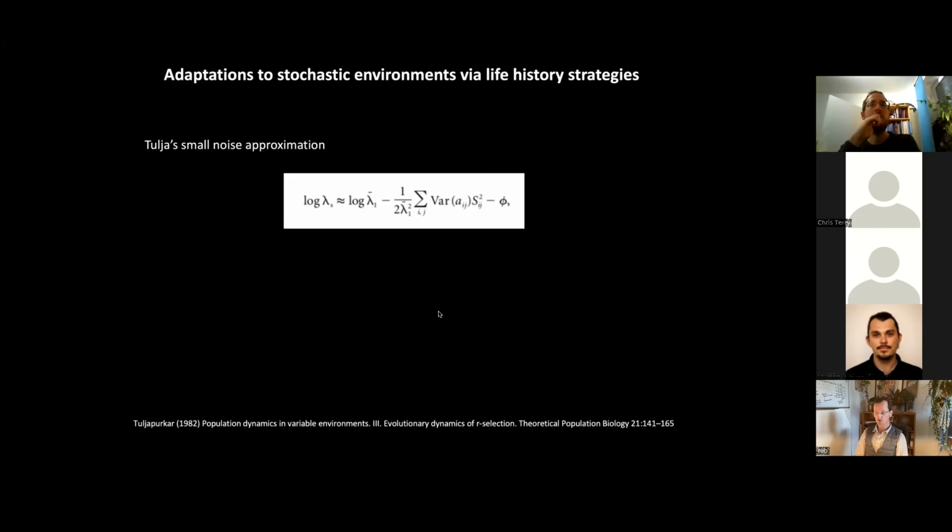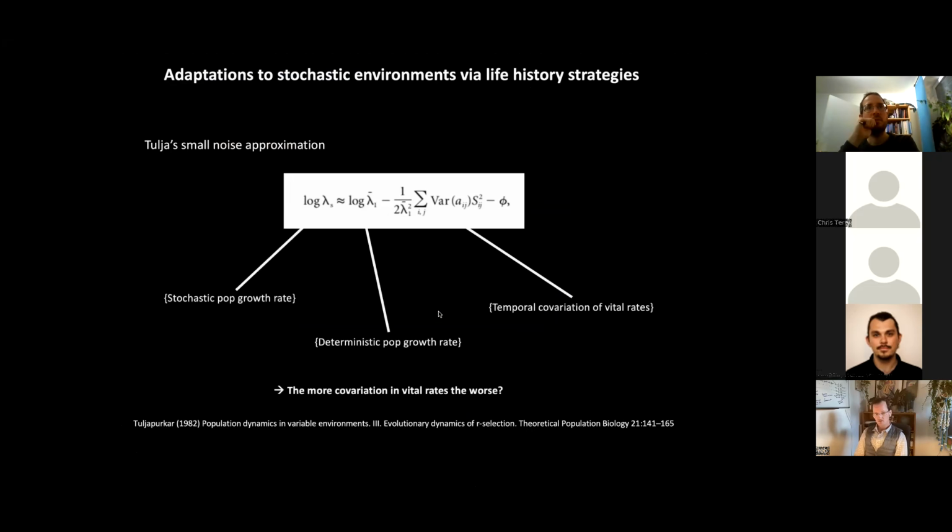Tuljapurkar developed a small noise approximation to the stochastic population growth rate of a population. Without really wanting to get too much into the details, this equation can be simplified as follows. The stochastic population growth rate, so the overall performance of a population in a stochastic environment, can be approximated as follows. The mean deterministic population growth rate, that is the population growth rate of that population year after year, assuming determinism, minus something.